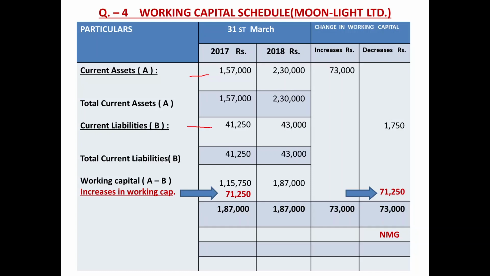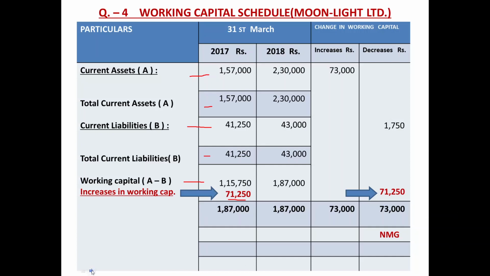Same is for current liabilities, total amount, total of A, total of B, working capital A minus B. That gives the final answer. Increase in working capital 71,250. It can be confirmed over here. In the last column also, changes in working capital also indicates the final answer, 71,250.